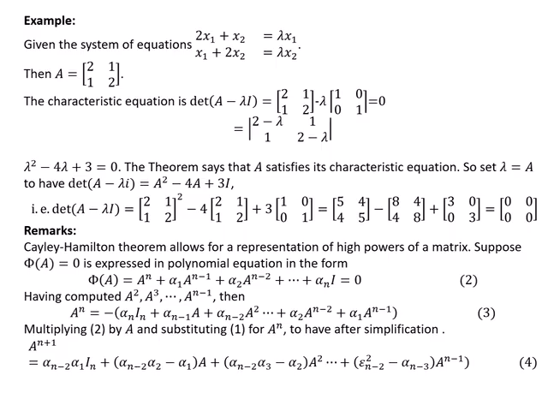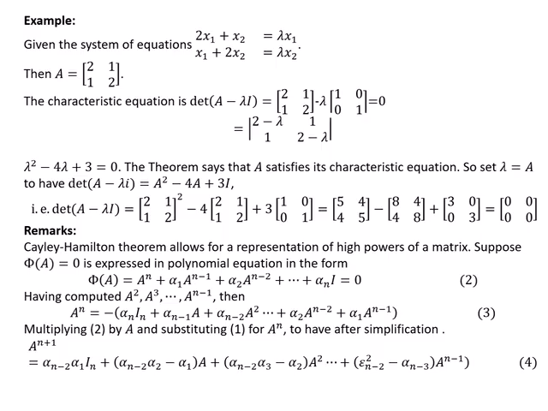So you will have it as A squared minus 4A plus 3I. That is, the determinant of A minus lambda I is given as, you know, you have replaced the lambda now to be A. So instead of writing A now, you put the 2 by 2 matrix, which is 2, 1, 1, 2, squared.